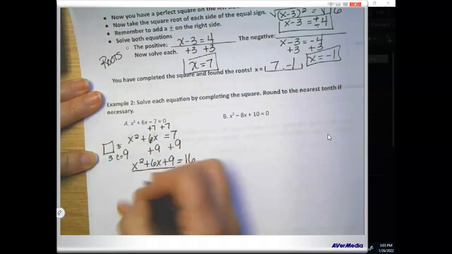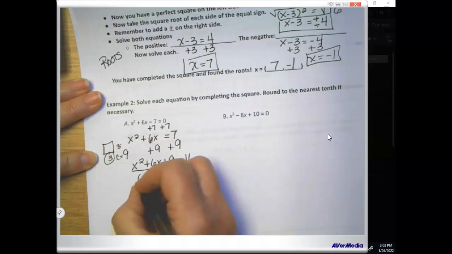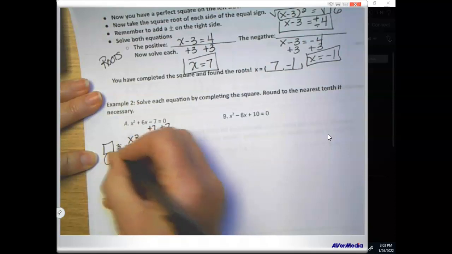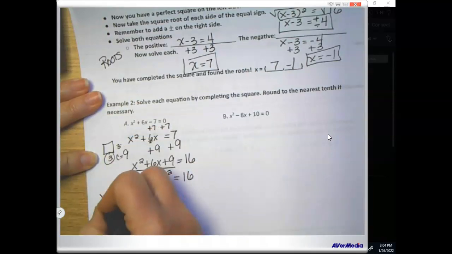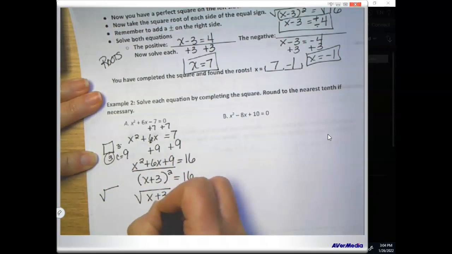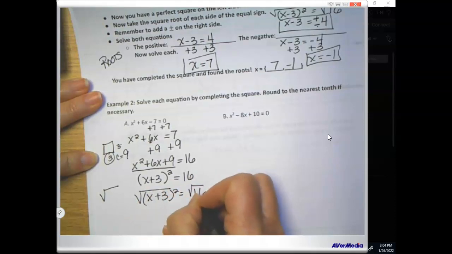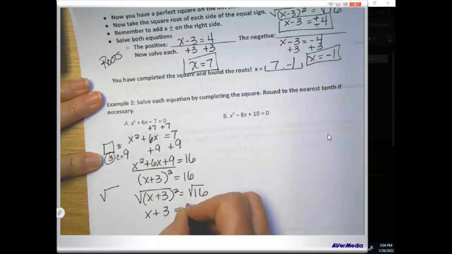So we're going to factor this. So our factor, that's these numbers. So x plus 3 squared, think of it, there's two of them, equals 16. Next, take the square root. When I take the square root, that releases the squared, and this is a positive or negative 4 as my solution.